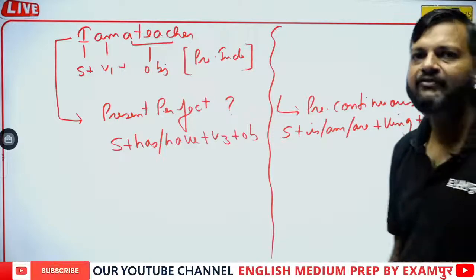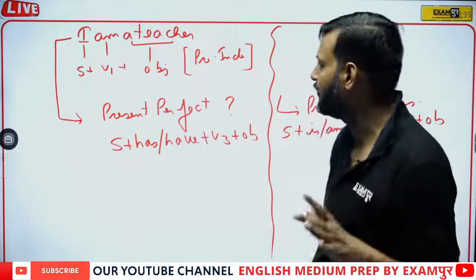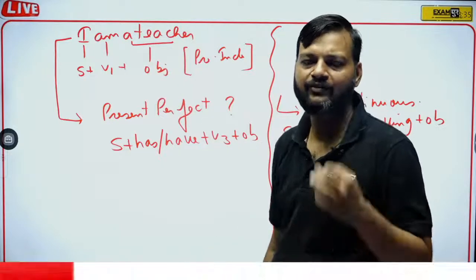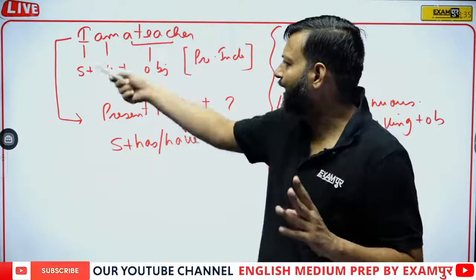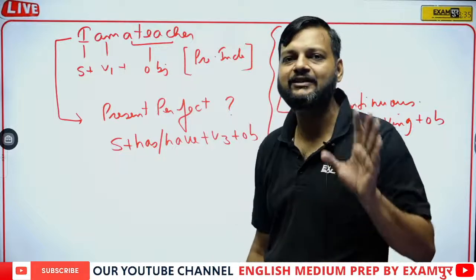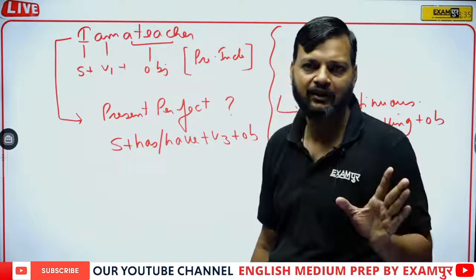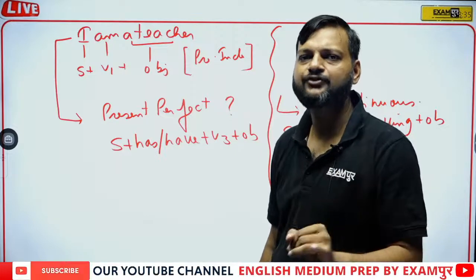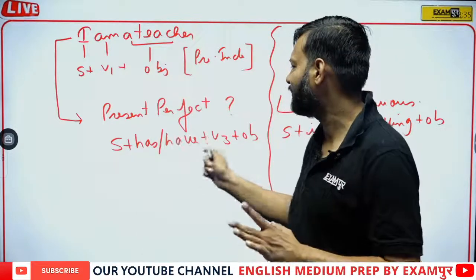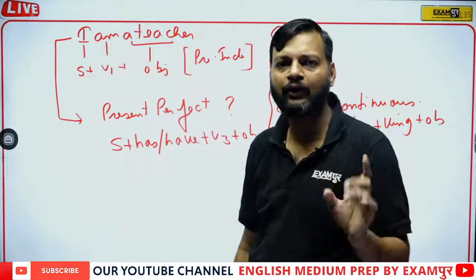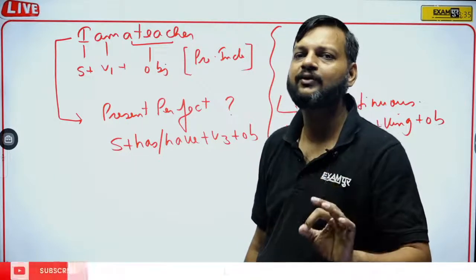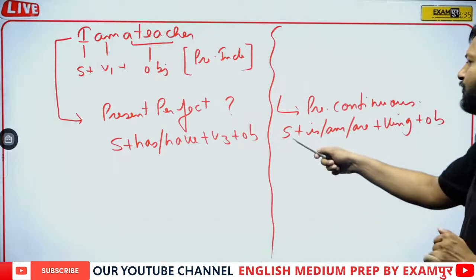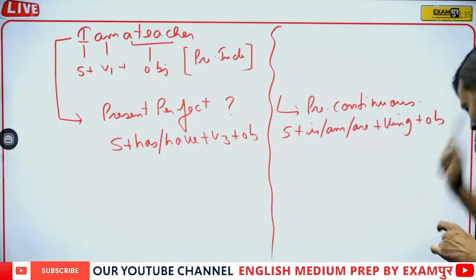So we have a sentence here, which is I am a teacher, and as we know this is present indefinite tense because I is the subject, am is the first form and teacher is the object. Now you have to change this sentence into present perfect, and the structure of present perfect is subject, has or have, third form of verb and object. And after that, change it into present continuous, and the structure of present continuous is subject, is, am, are, ing and object.